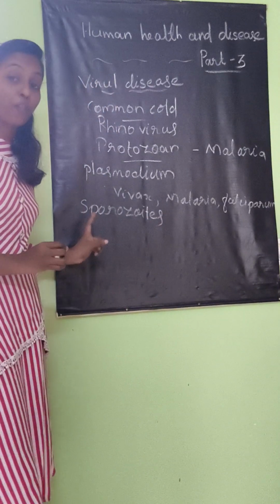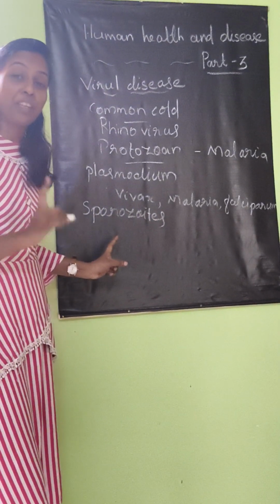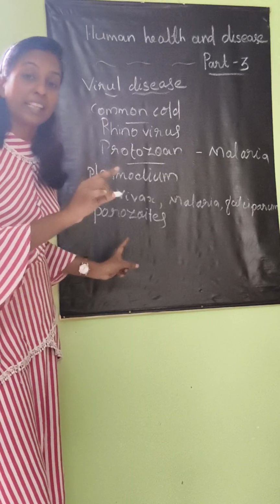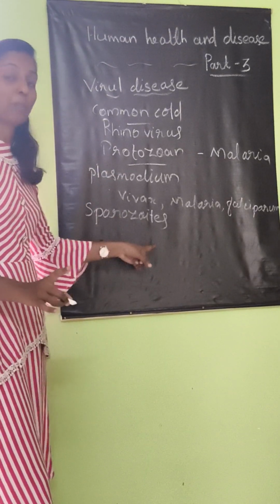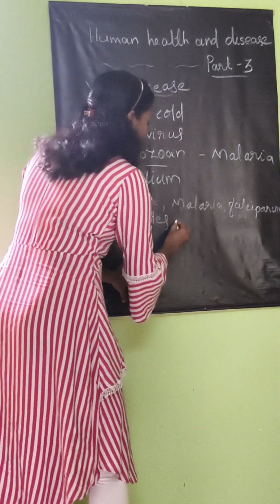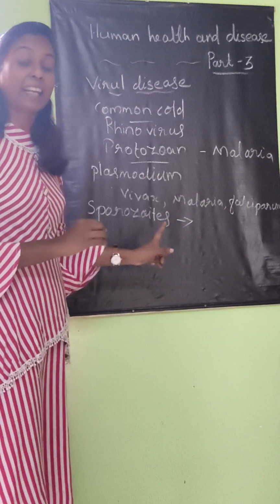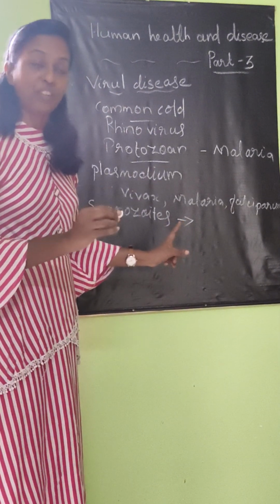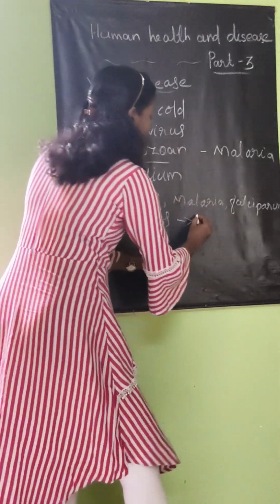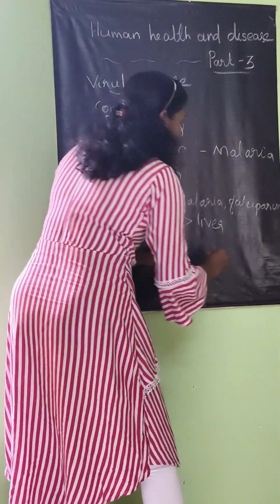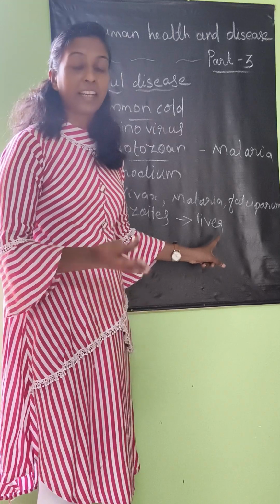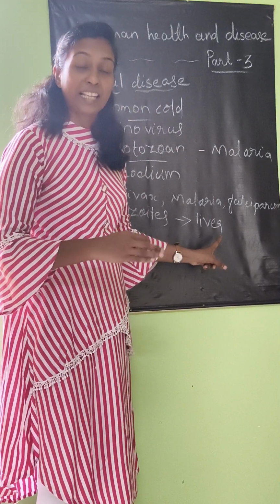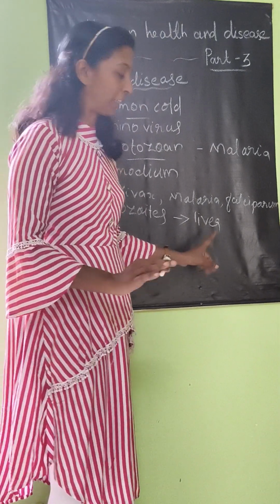So these sporozoites directly enter the liver through the blood. In the liver, asexual reproduction takes place, it multiplies.